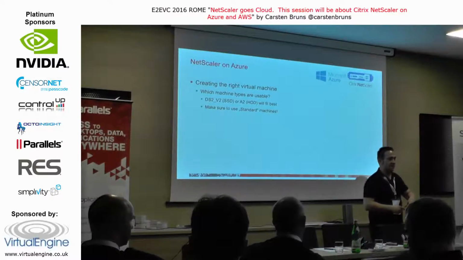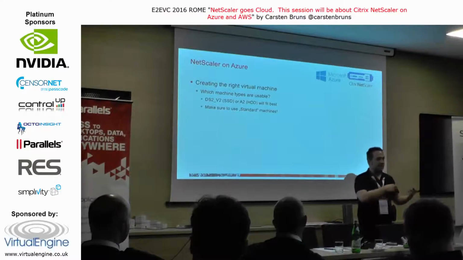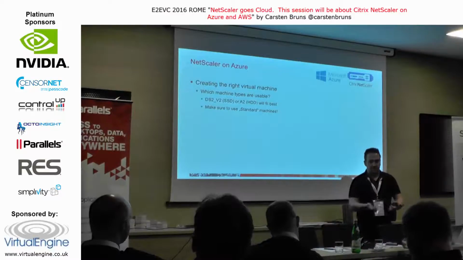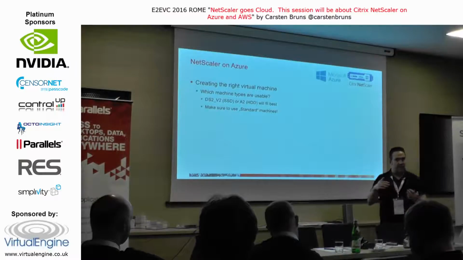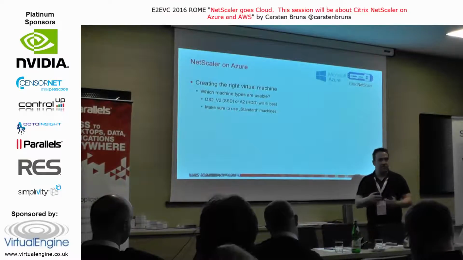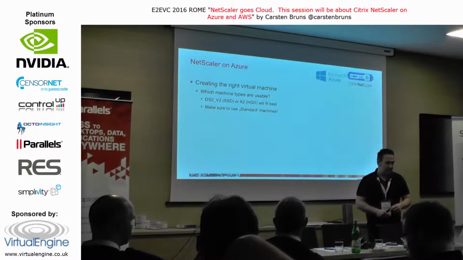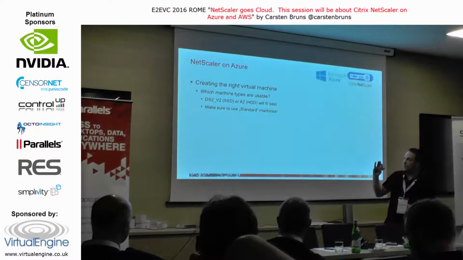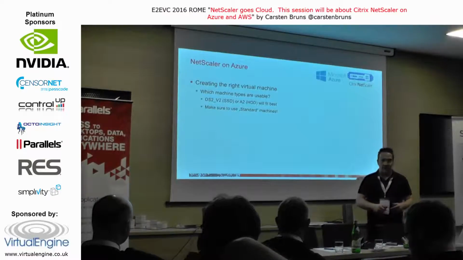If you want to create a machine on Azure, you go to your marketplace and type in Citrix, and you will get a deployment package of NetScaler. You can choose it, and there's an image that will be automatically deployed to your Azure account. After this, you have to choose which size your machine has.